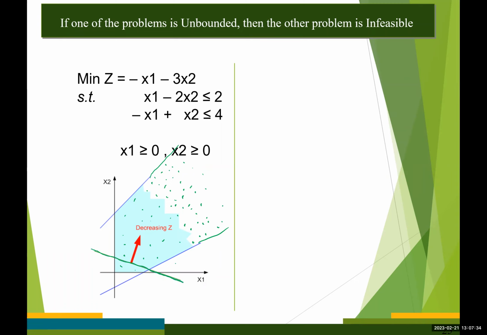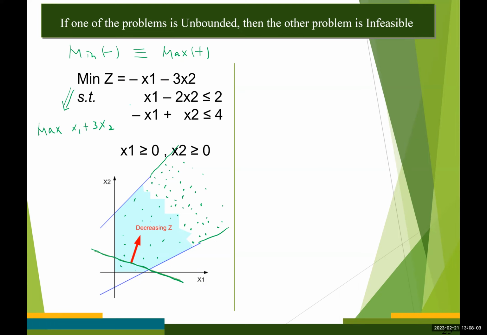So minimizing the negative function is equal to maximizing the positive function, right? So actually our objective function is equal to maximizing x1 plus 3x2, right?